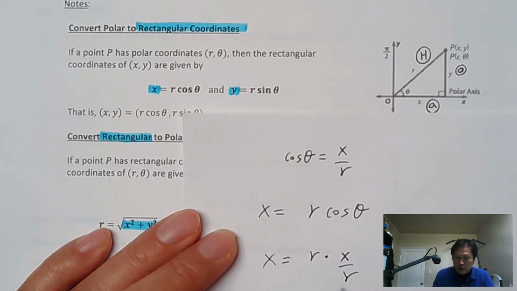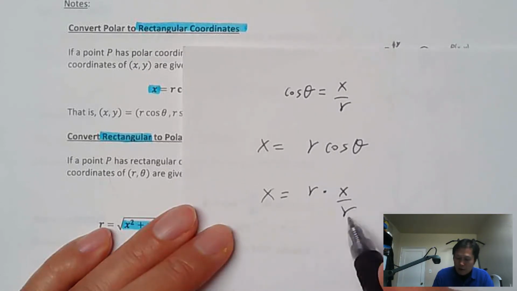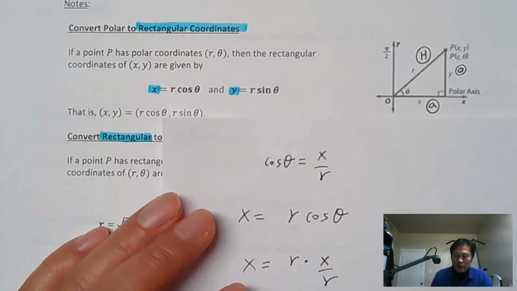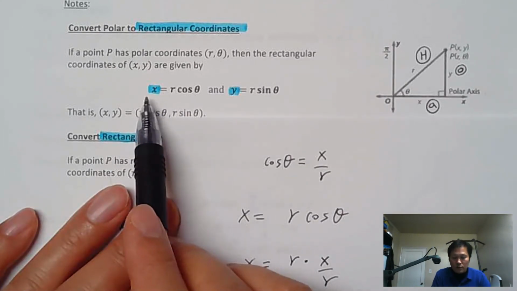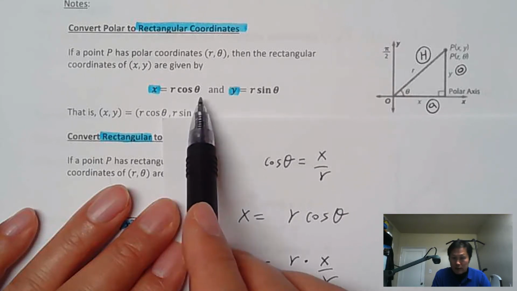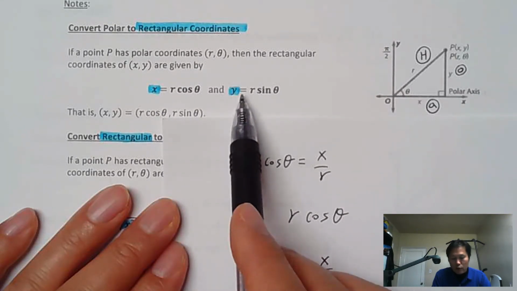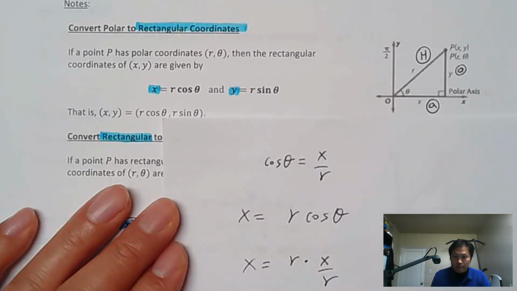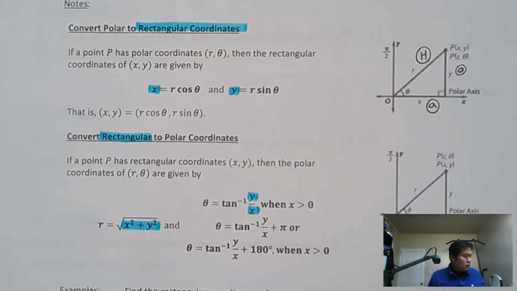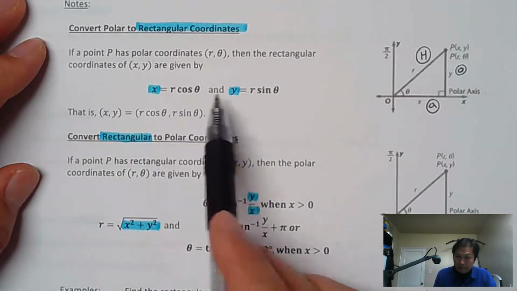As you can see, r and r cancel out, so x becomes x. That's why the formula is x equals r cosine theta. You can do a similar thing with y equals r sine theta. That's why that is. So to be able to solve this, all you have to do is just apply it.